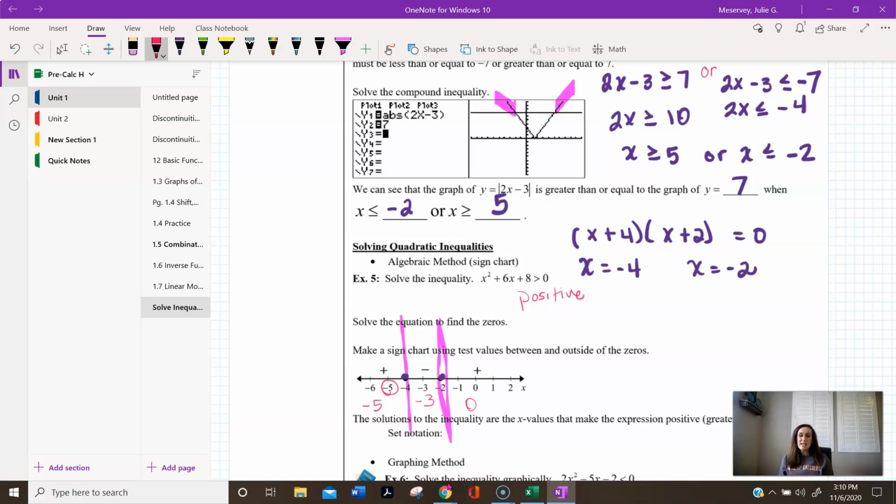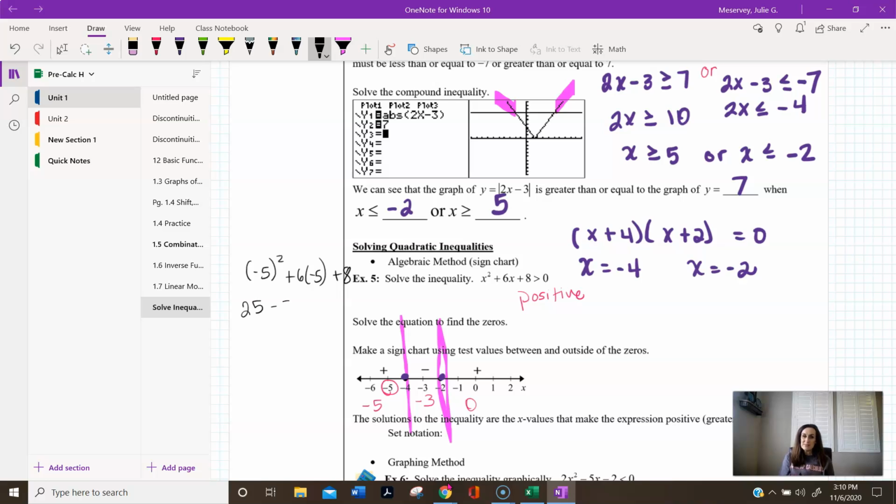Now, when you're testing the numbers, you plug them into the function, and then you determine if it's positive or negative. We are looking for the positives. So let's start with -5. If I take -5 and I square it, I add 6 times -5 plus 8. I'm trying to determine if that answer is positive or negative.